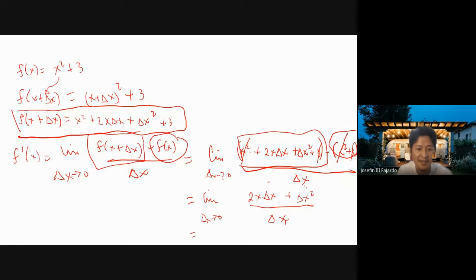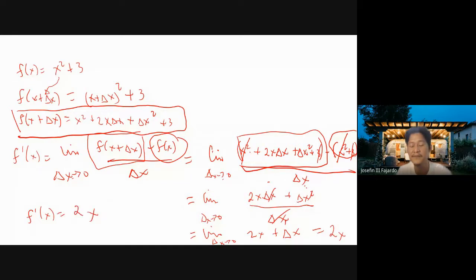So matitira, limit as delta x approaches 0, mawawala na itong isang delta x, so matitira ay 2x plus delta x. Right? So when we substitute delta x, this will be equal to 2x. So ibig sabihin, si f prime of x, or the derivative of f, is simply 2x.